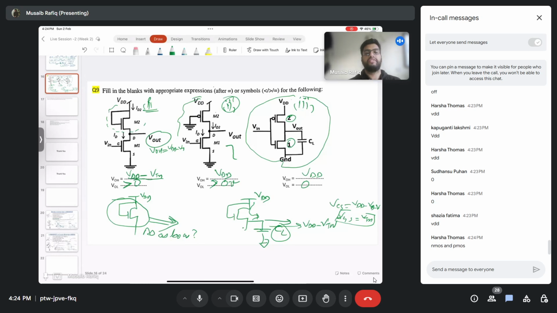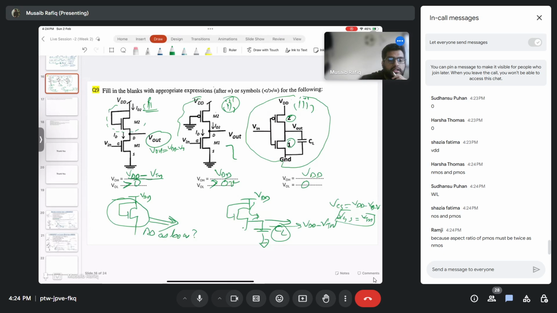What do 1 and 2 signify here? The W by L of NMOS and PMOS. Why do we make it twice for PMOS? Why do we make PMOS 2 times? Because the aspect ratio of PMOS must be twice. But why? That's my question.